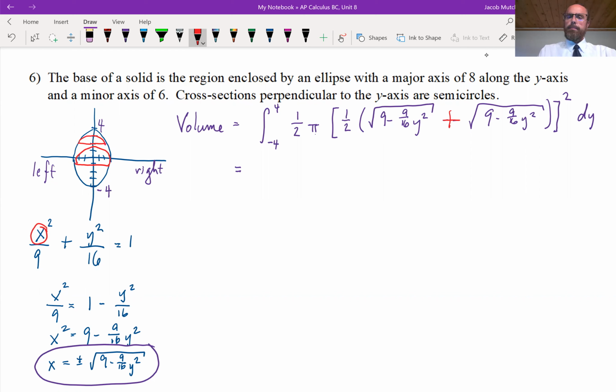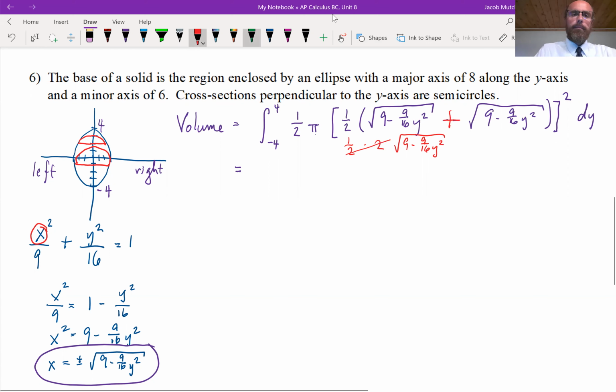So basically it's going to become half times 2 times the square root of 9 minus 9 over 16 y squared. So essentially my half and my 2 are going to cancel out. And so what we'll be left with is this expression in the radical.